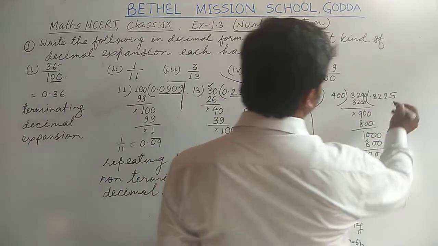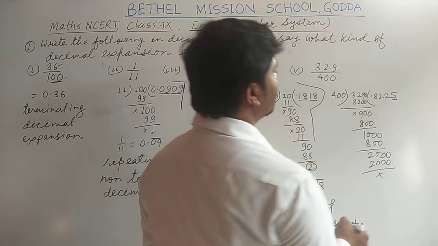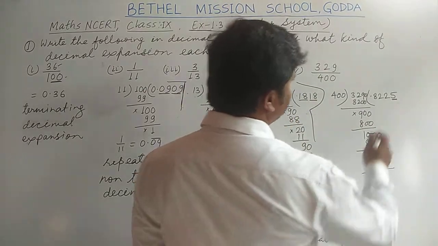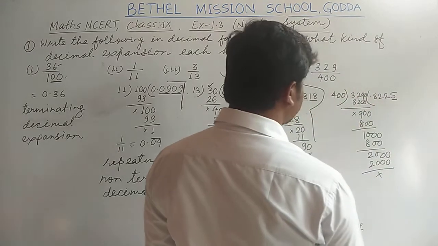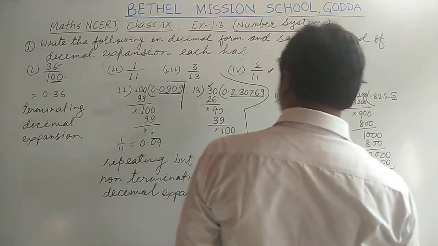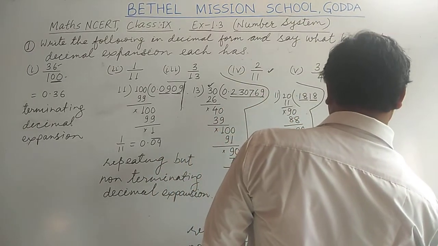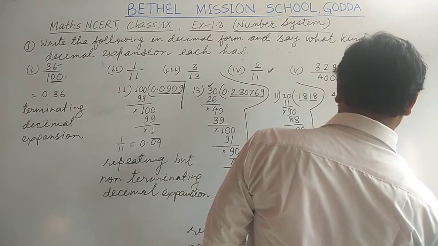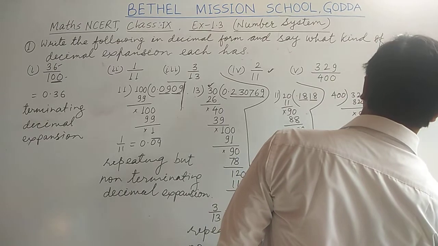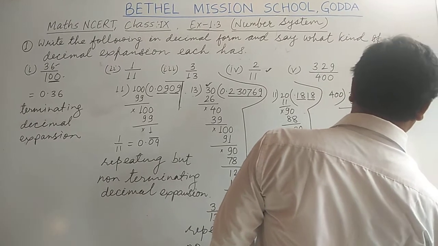You can see this terminates here only. So this type of decimal is called terminating decimal. 329 upon 400 equals 0.8225.